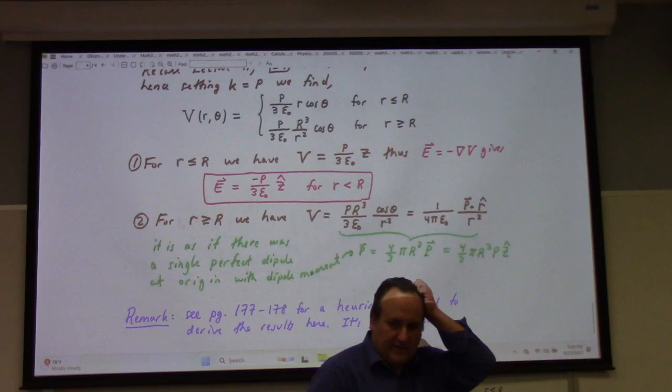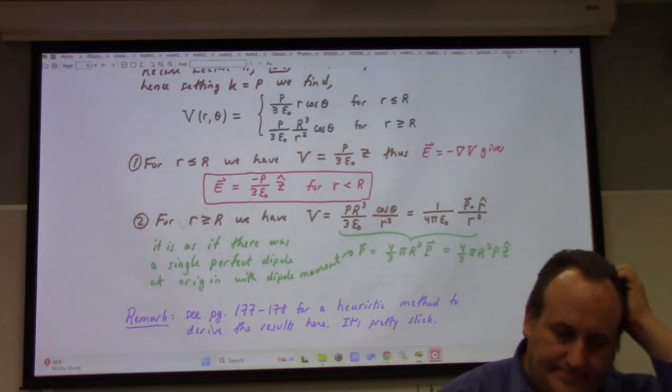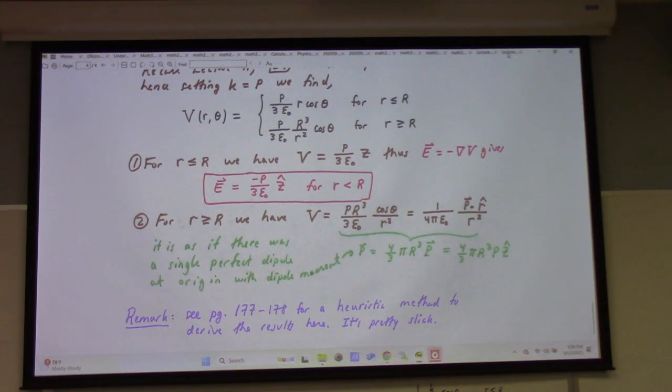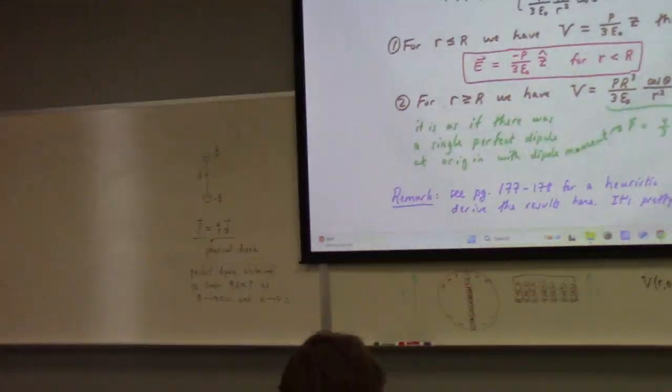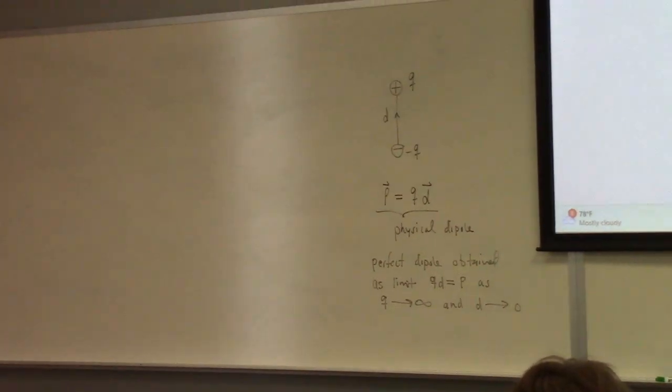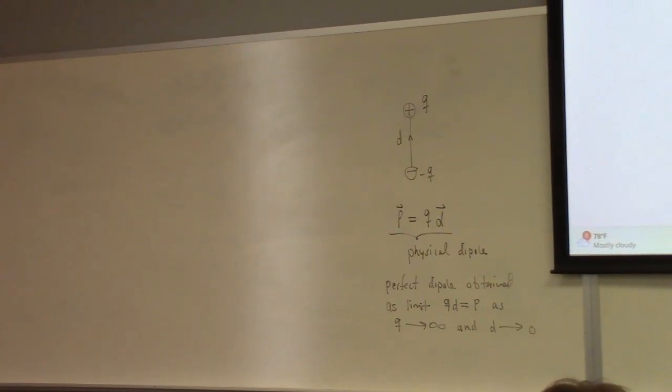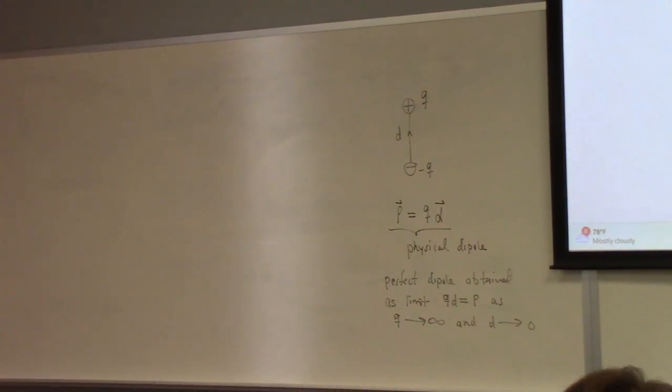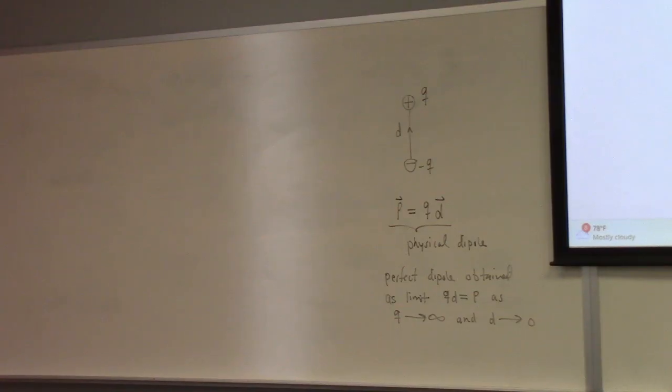So it's an idealization. In some sense, what the perfect dipole field says is that it doesn't matter how big the dipole actually is. No matter how far you zoom in, you can't see the internal structure.